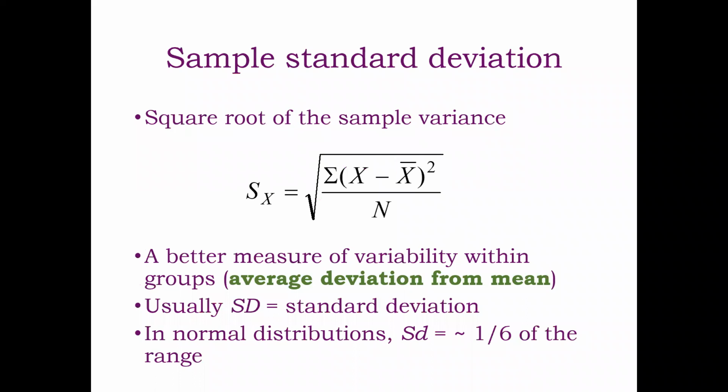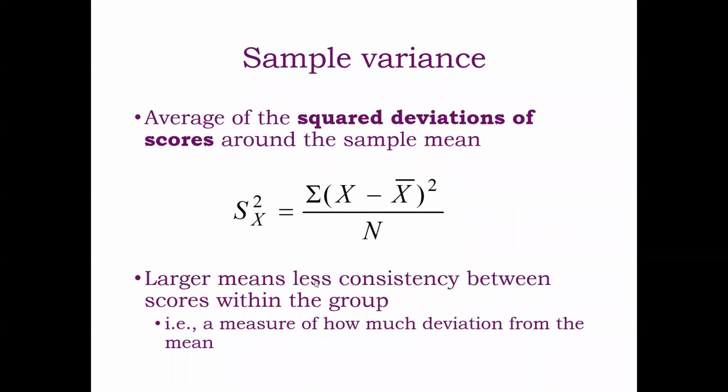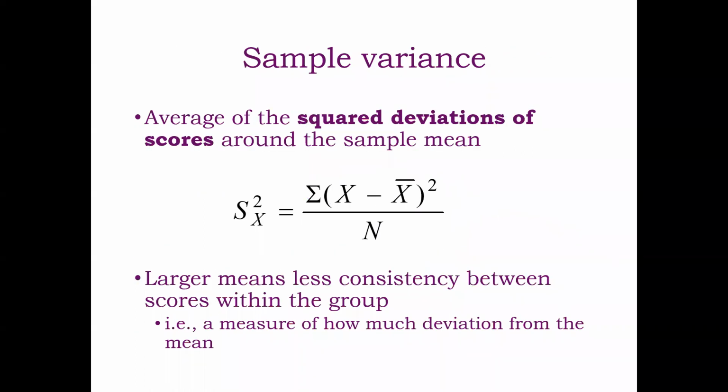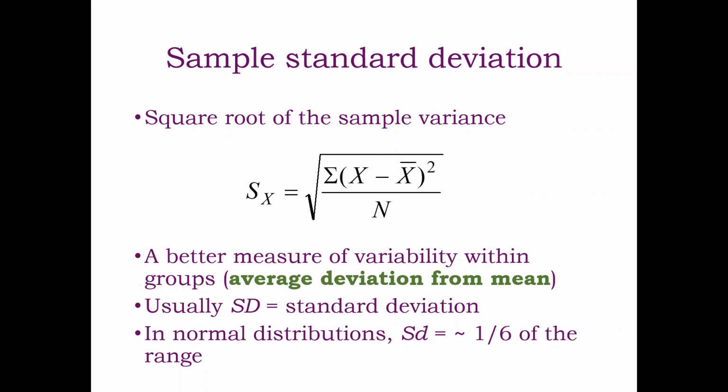Now, if we take the square root of the variance, we get the sample standard deviation. This is more informative because it's an average deviation from the mean, right? So the variance is the average of the squared deviations of scores. This is the average deviation from the mean. We usually talk about it as a standard deviation.